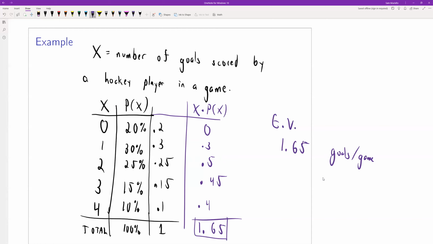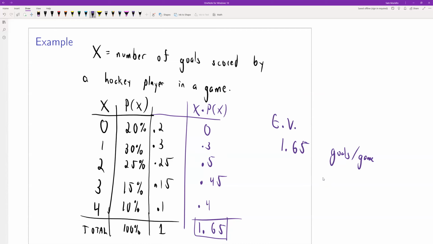But over time, we expect that if they play, say, 100 games, they would get on average 1.65 goals per game. This is the long-term average. And the more times we repeat the event, the closer the average that we calculate from our sample will get to this more mathematically calculated long-term average or expected value.